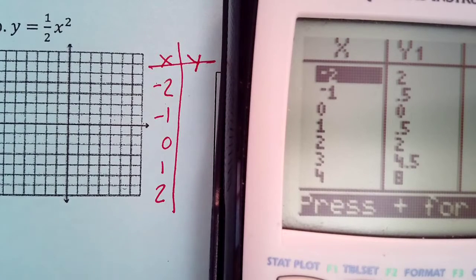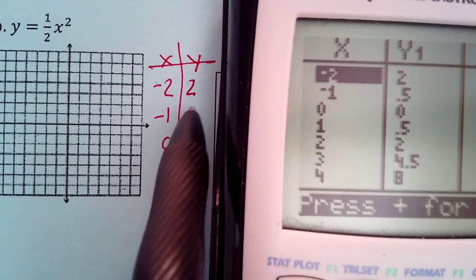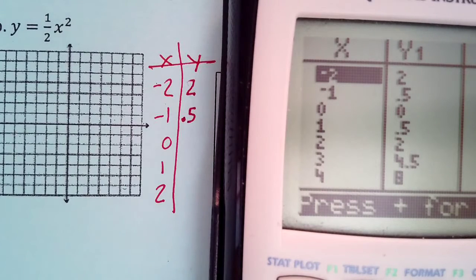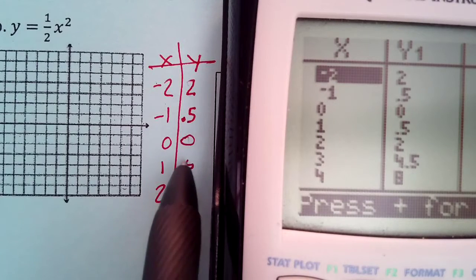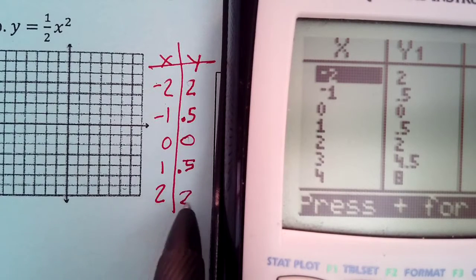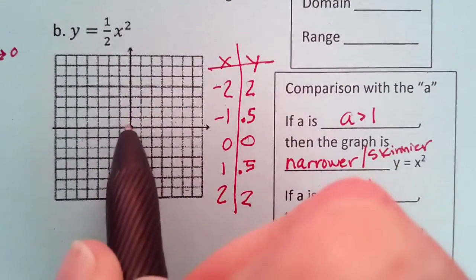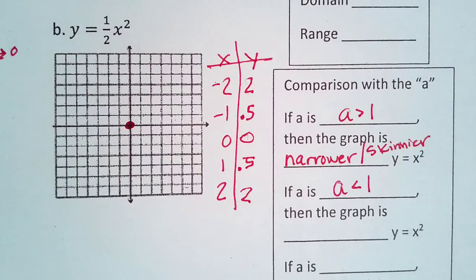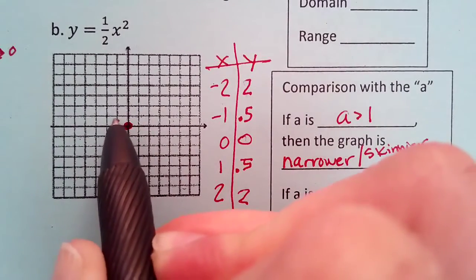So our table is -2, 2. -1, 1/2, so I'm going to put 0.5. You could put 1/2 if you wanted to. 0, 0, 1, 0.5, 2, 2. And let's graph them. So 0, 0 is here. -1 up 1/2. So left 1 up 1/2 would be about there.